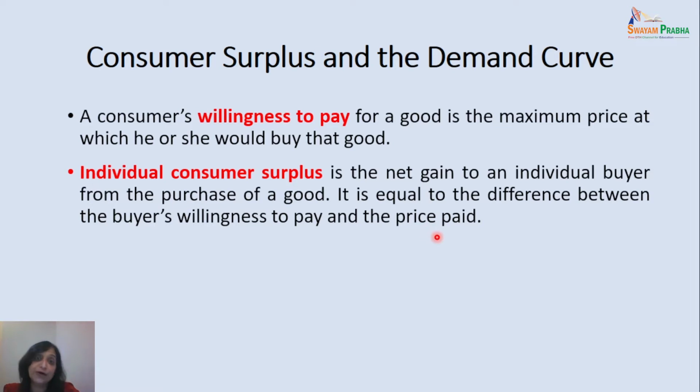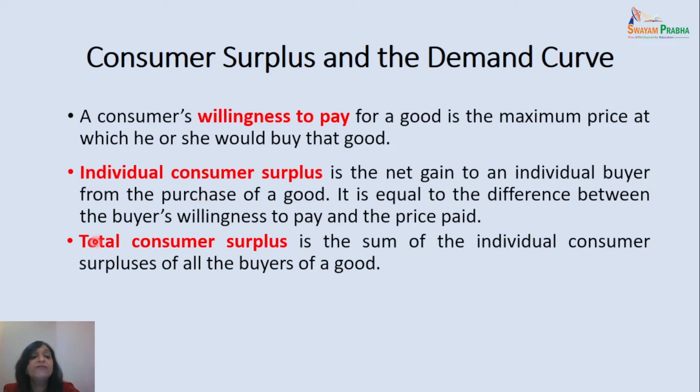Now this particular consumer surplus we can view from a situation where we are only talking about an individual consumer. That is, we are calculating consumer surplus for only one individual consumer. Or we can have a total consumer surplus wherein we add up the individual consumer surplus of all the buyers of a good.